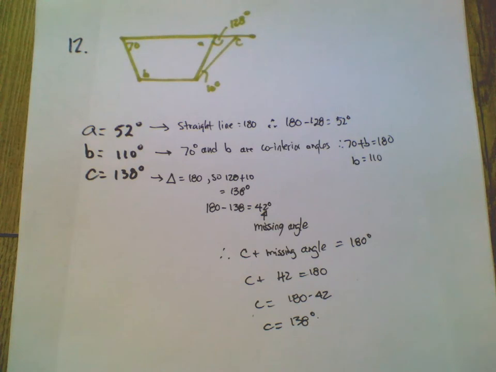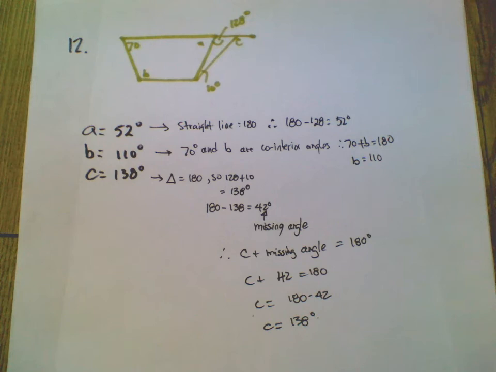Lastly, how do I calculate C equals 138 degrees? So I know that in a triangle, there's 180 degrees, okay? I've been given two angles, 128 and 10. So that equals 138. So therefore, I subtract 138 from 180, and I get the other interior angle, which is 42. Now I need to find the C value.